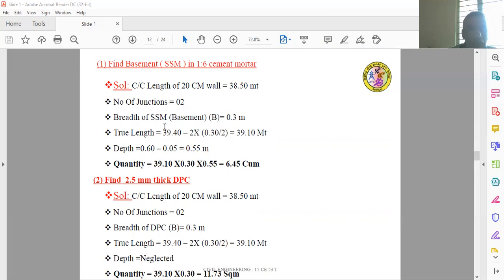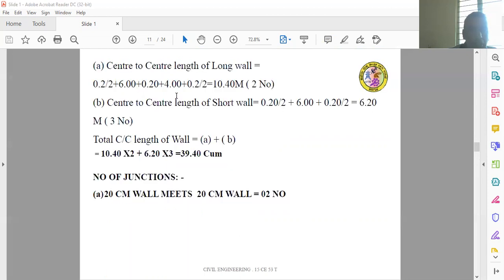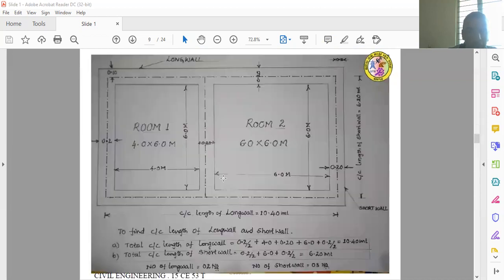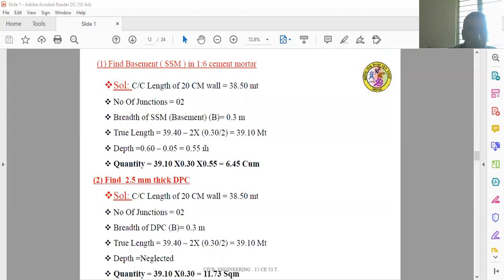Here, the center to center length is deducted by the number of junctions, 2, into the breadth of the particular item. The width of the basement given in the drawing is 0.3 meter. You have to take half of the width of this particular item of work. Then 39.1 meter is the true length of this basement.